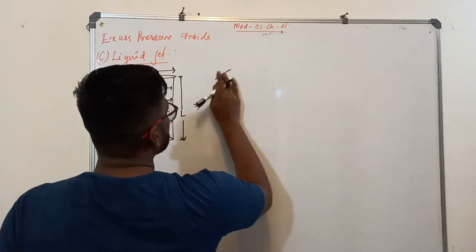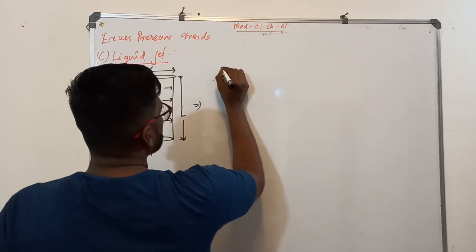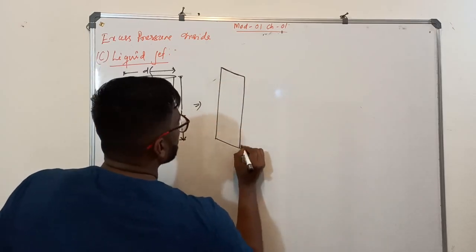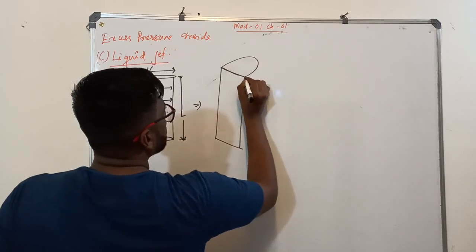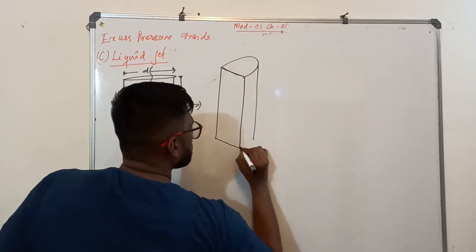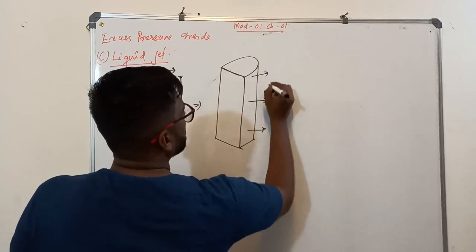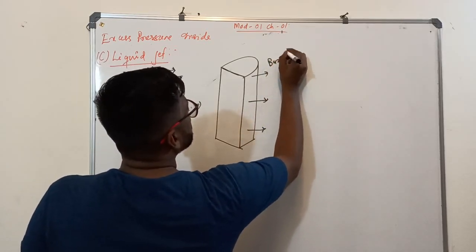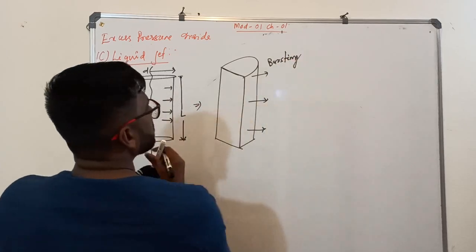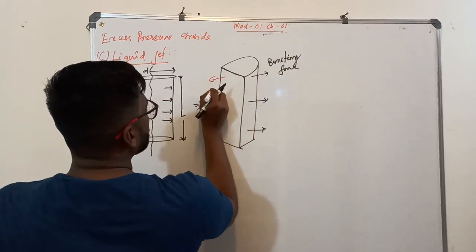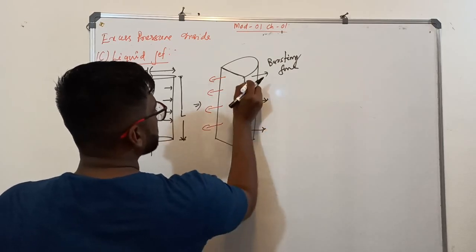It will look something like this. This is where your bursting forces are acting. So where will the restoring force act? Along this periphery, that is the surface.